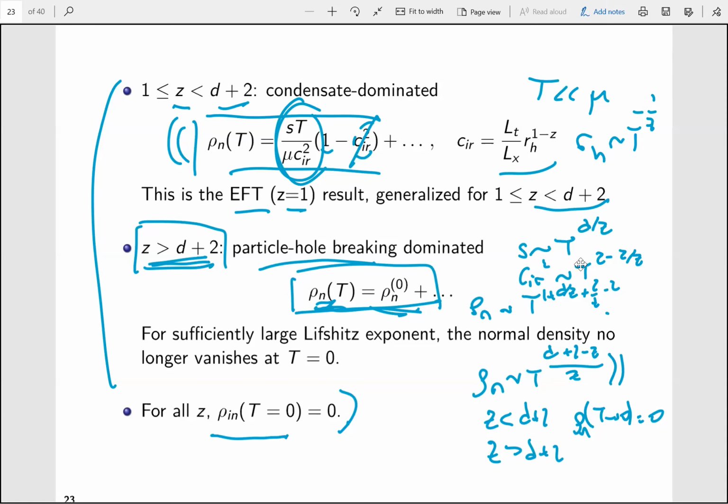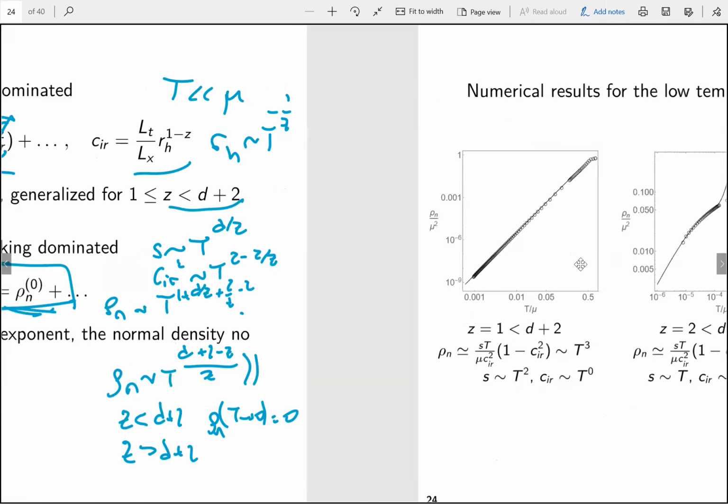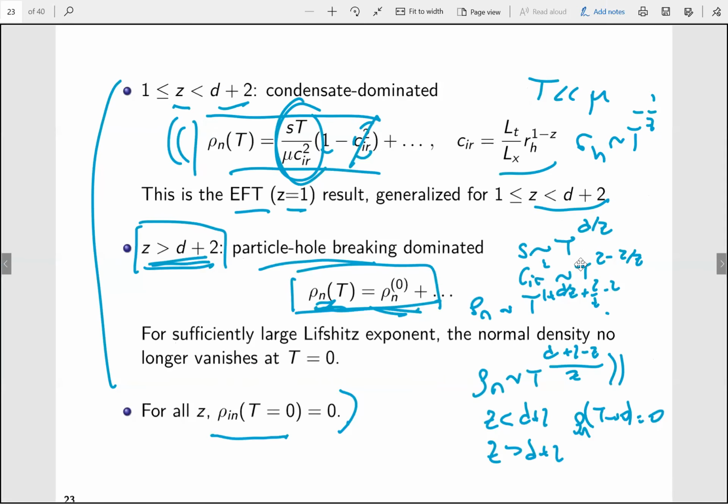Blaise, is it correct to say that for z less than d plus 2, the system is somewhat unstable? Why would you say this? Because as you said, your rho n is going to diverge when your T goes to 0 limit. Sorry, let me be more precise. Here, z is less than d plus 2 whenever this formula is correct.